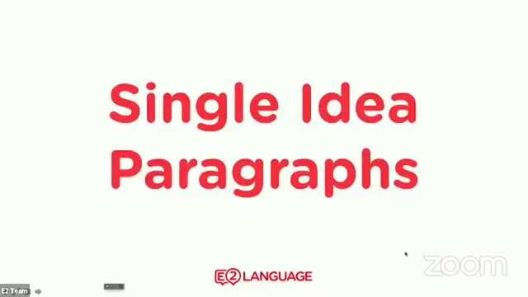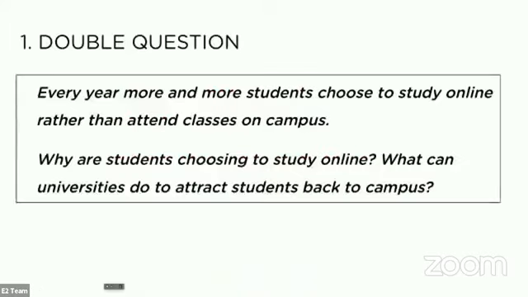Okay, let's firstly think about single idea paragraphs. So this will be for the double question, for example. Let's look at this one. Every year, more and more students choose to study online rather than attend classes on campus. Why are students choosing to study online? What can universities do to attract students back on campus?